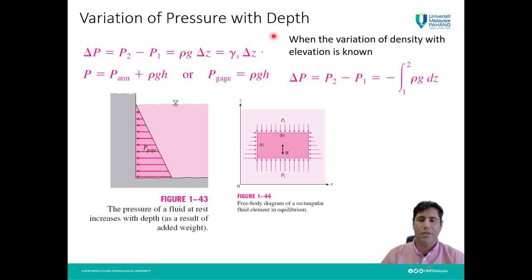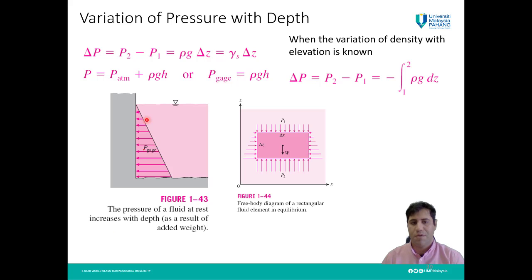And the other interesting thing about the pressure is the variation of pressure with depth. Imagine this is water. As you know, the pressure of a fluid at rest increases with depth as a result of the added weight.